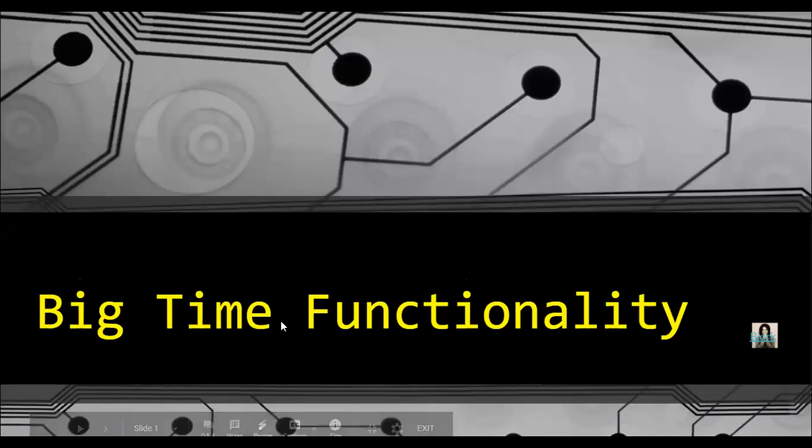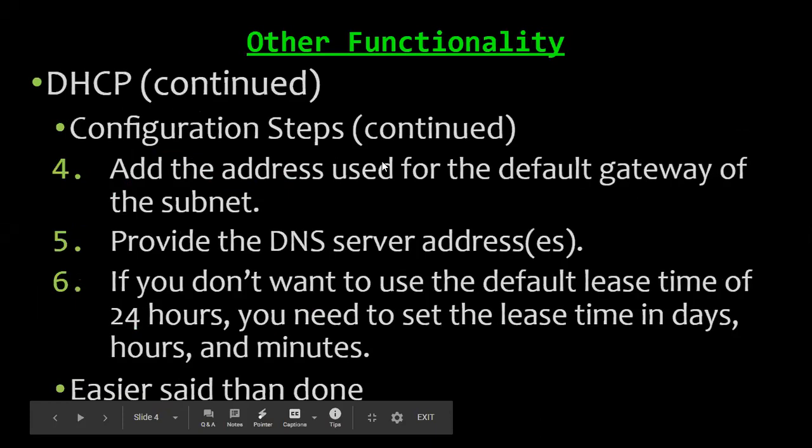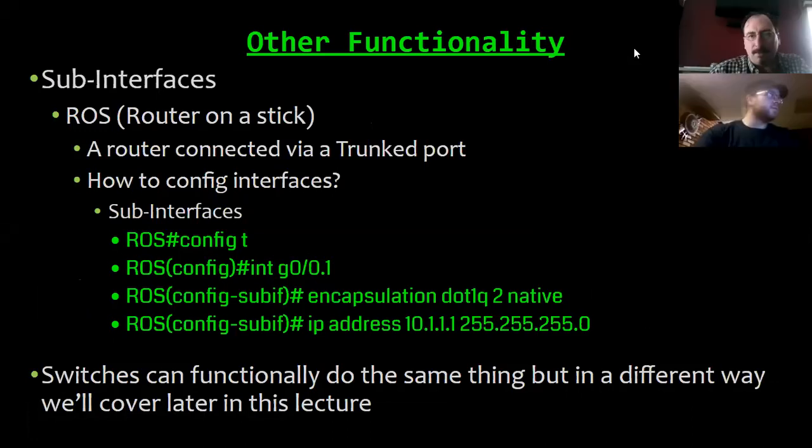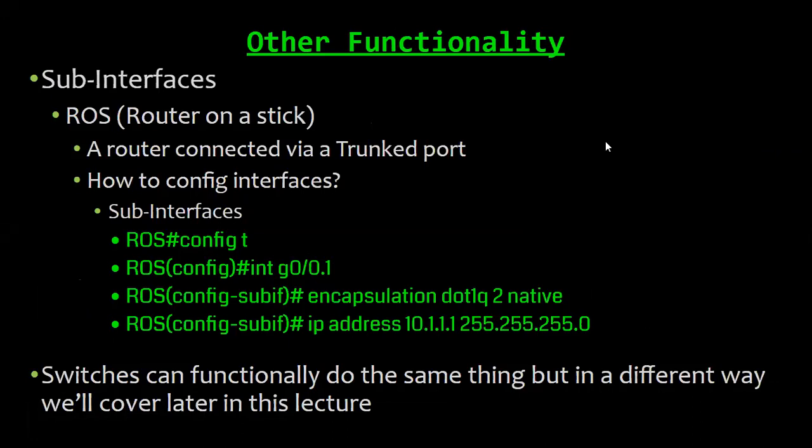All right, so this is what we were talking about, big time functionality. We talked about sub interfaces and router on a stick. The good thing about the pictures is I won't be able to see the raised hands unless I have the pictures up, so I'm just going to do the talking thumbnail so you can fully see the slide.